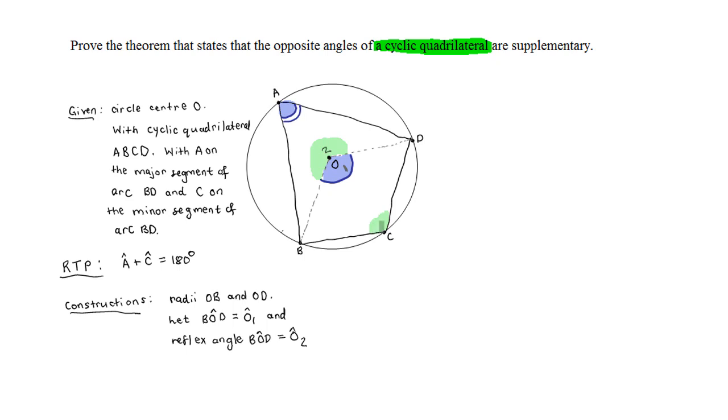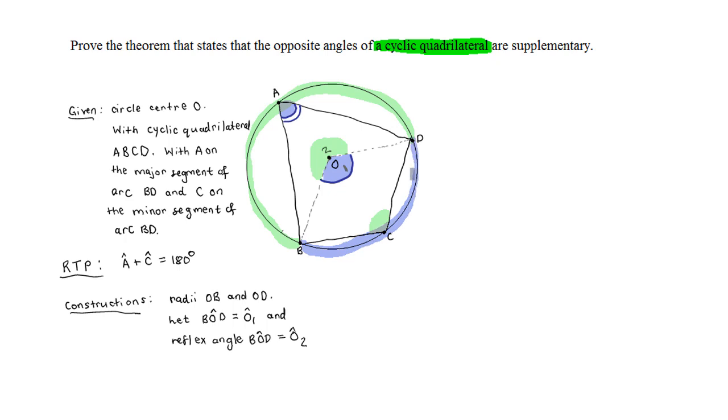Just notice something else. These two are subtended by the major arc BD, and the angle A is subtended by the minor arc BD. That's just one way to remember all of this connection.